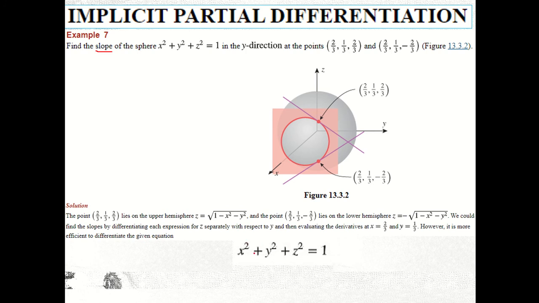However, it is more efficient to differentiate the given function in a manner where you transform this into an expression without the radical. You just manipulate this one, square both sides, then transpose the negative x squared and y squared to the other side, putting 1 on the right side.